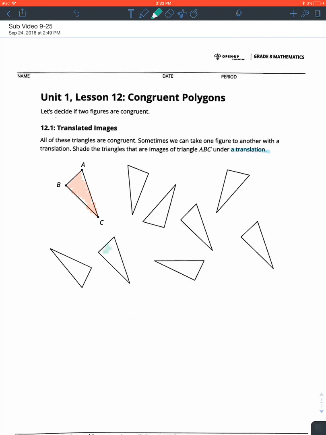One of them is here, the other here, and the last one is here. Hopefully you got those three on your own. Again, a translation is a slide or shift. All of the other triangles have been rotated somehow, which means that it is not a translation any longer once you turn the figure.